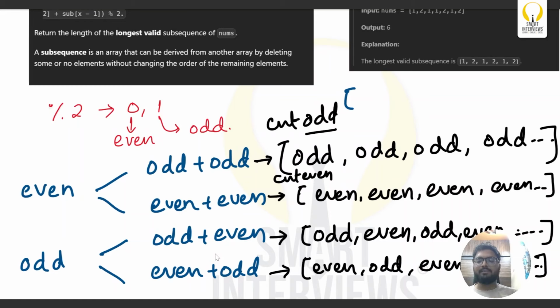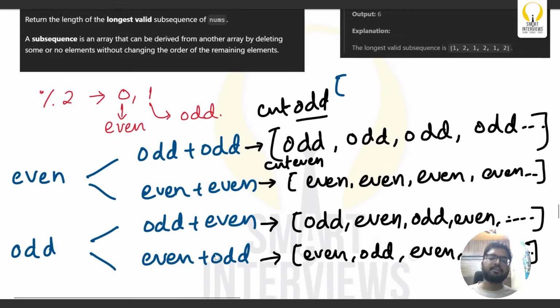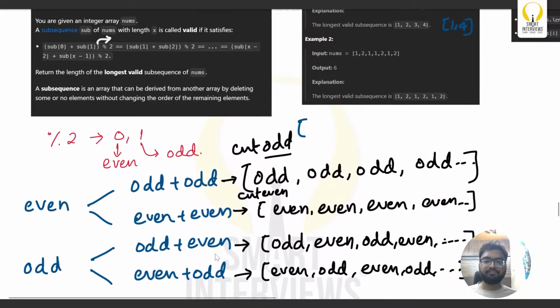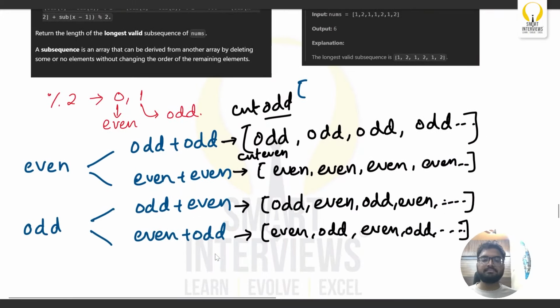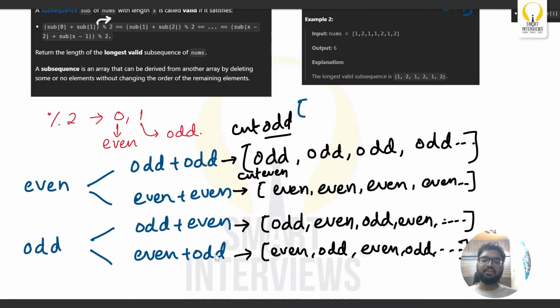So how can we turn this logic into code? First thing, you'll be given an array. Whenever you are given an array, you can maintain a simple variable to count the odd numbers and another to count the even numbers, and try to count the alternate numbers.